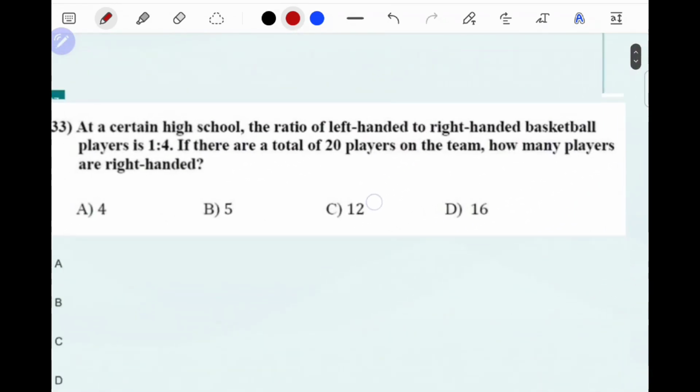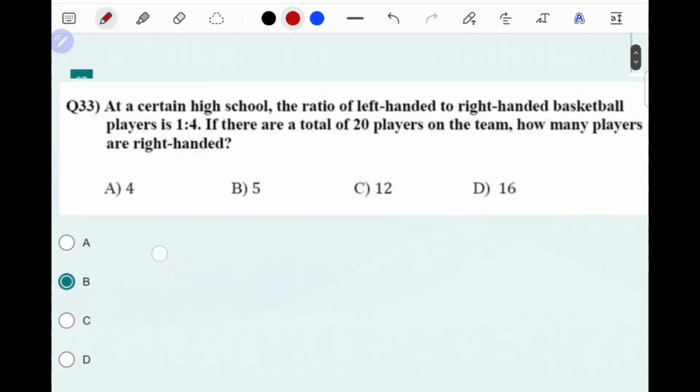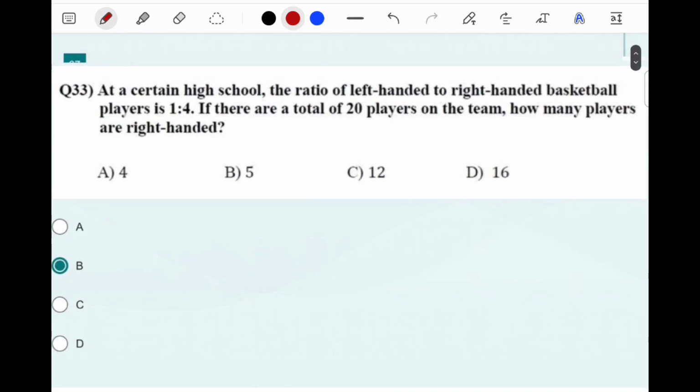The third question says that you have a certain high school with a ratio of left-handed, let's call this LH, and right-handed, RH, basketball players.